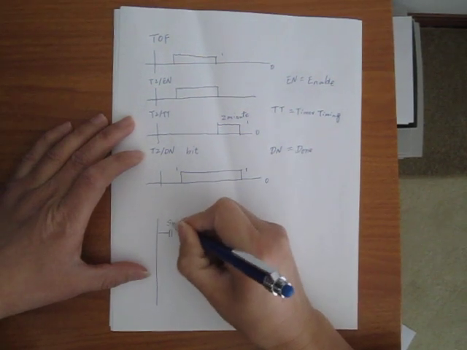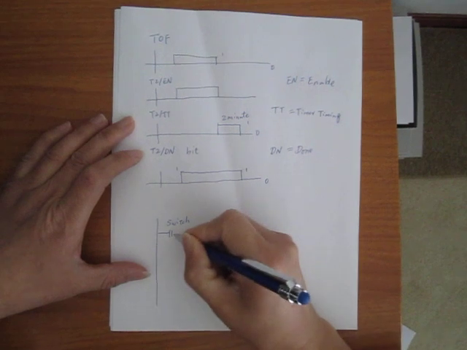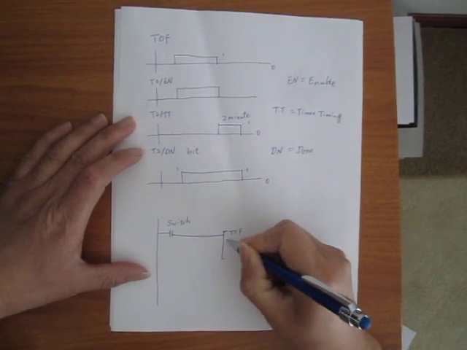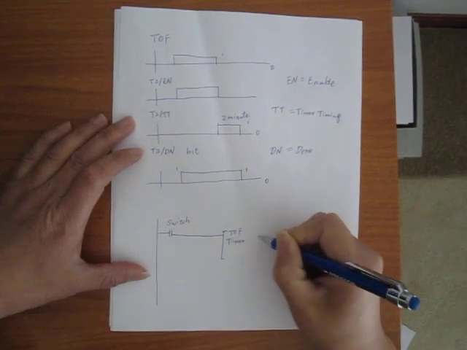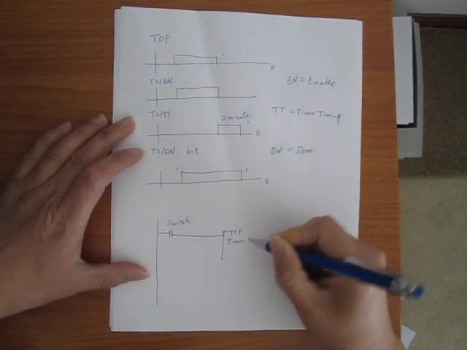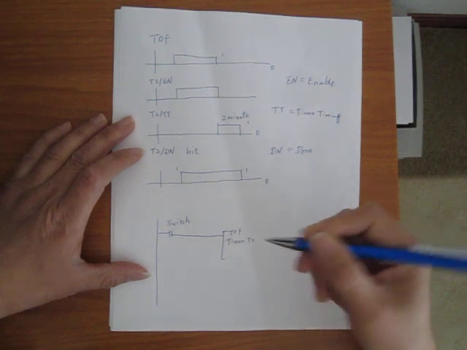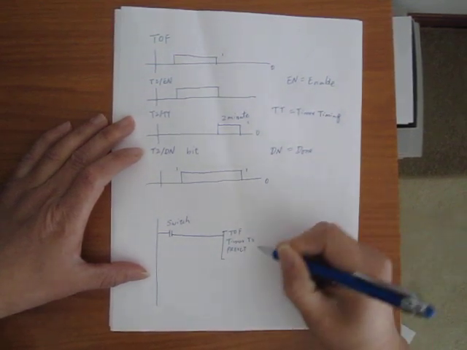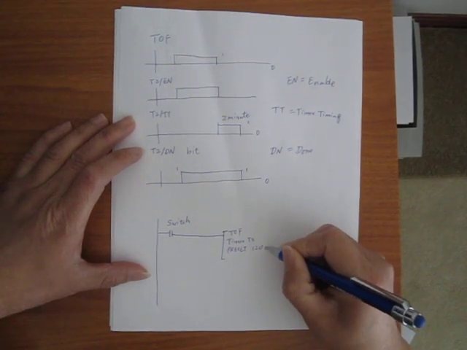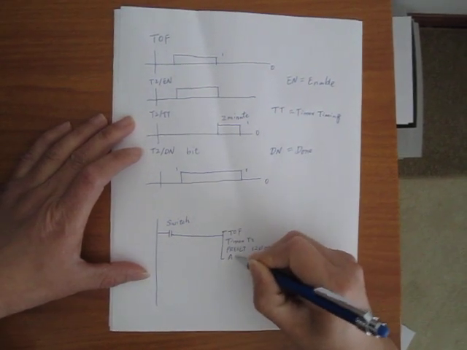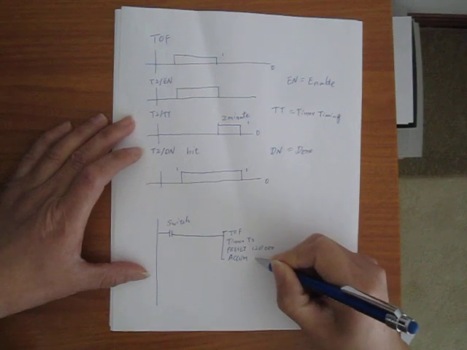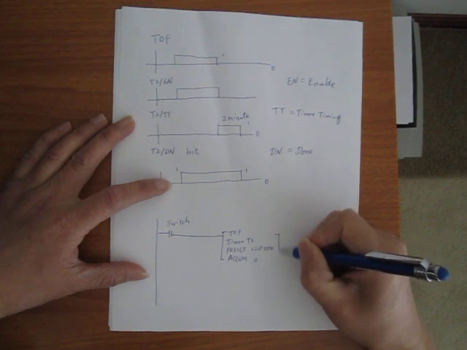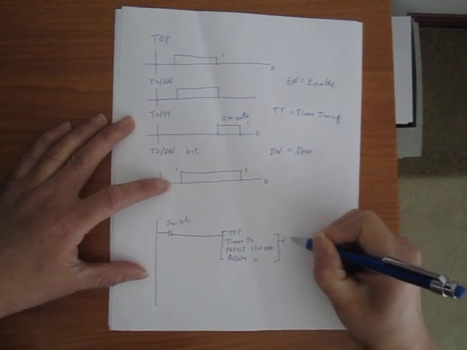There's a switch, and I just turn on a TOF timer, let's say timer T2, I input that, and then the preset, let's say 2 minutes, so it's going to be 120,000. Accum is automatically 0, and when you turn the switch on, this accum will change, and then EN.